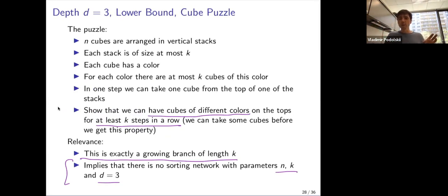Each stack is of size at most n/3, since k is n/3, which is what I will use in the proof. Each color has at most n/3 cubes. In one step, you can take one cube from the top. You want to have cubes of different colors on the top, and you want to have it for k positions in a row. That's it.